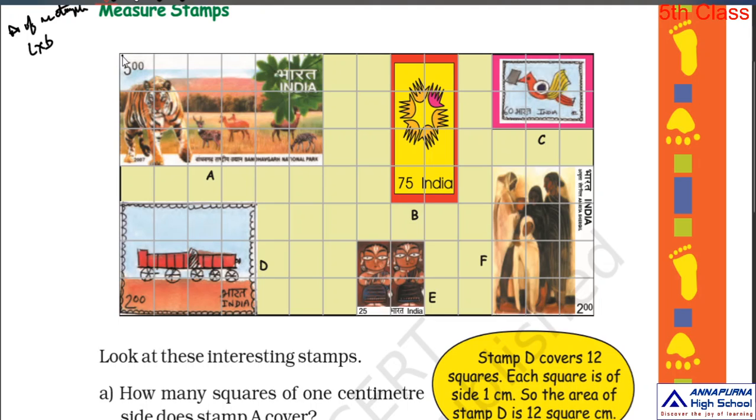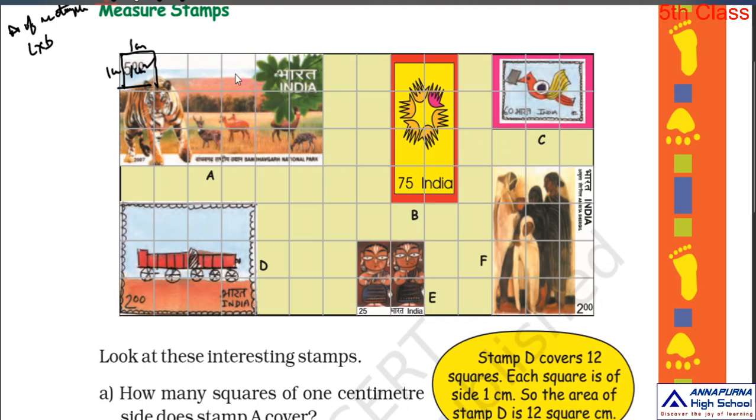If you consider this one, observe carefully. This is 1 square. This side is 1 centimeter and this is also 1 centimeter, so all have the same measurements. So the area of this one is 1 square centimeter, isn't it?